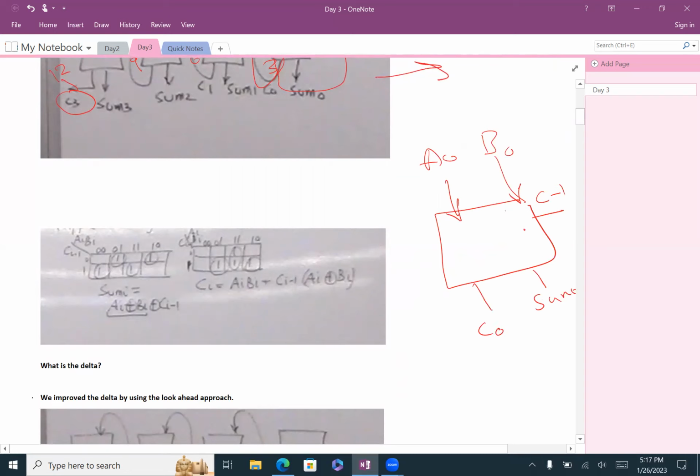For the K-map, how many tables do we need? We need 2: 1 for C0 and 1 for sum 0, correct? What is the size of each table? 2 to the power 3, because we have 1, 2, 3 inputs. That's from last week. We still did not do anything new yet.